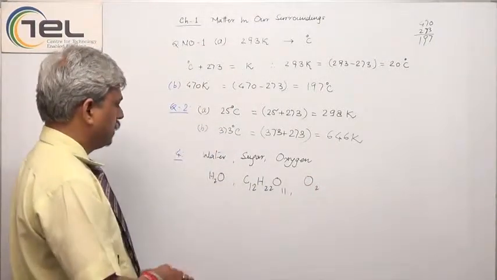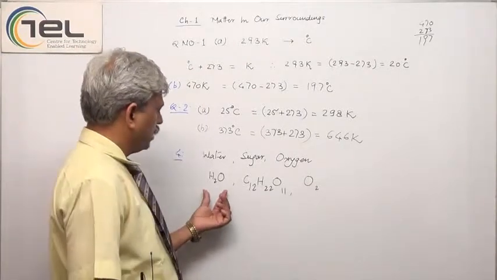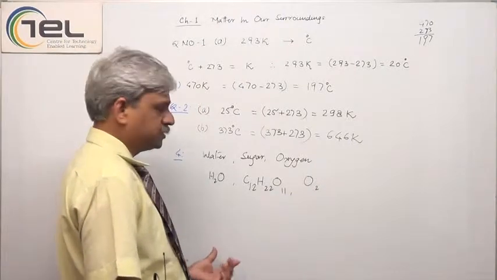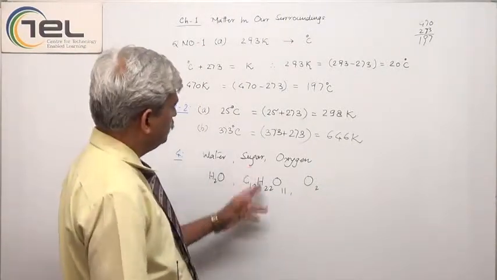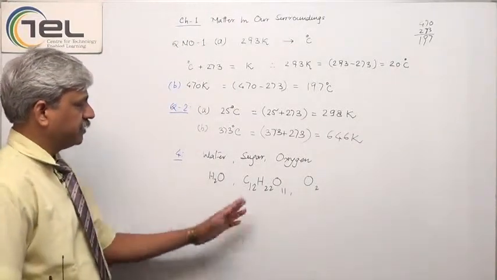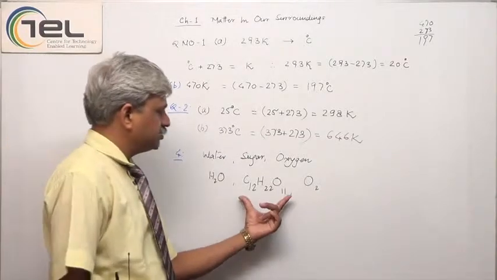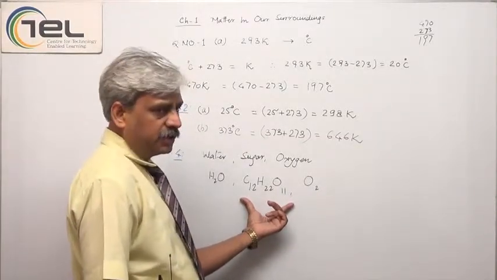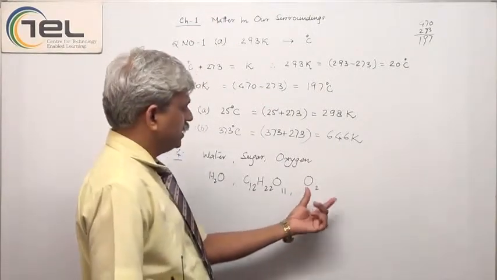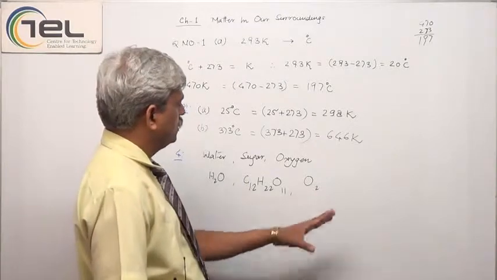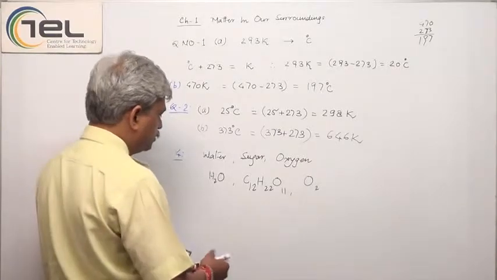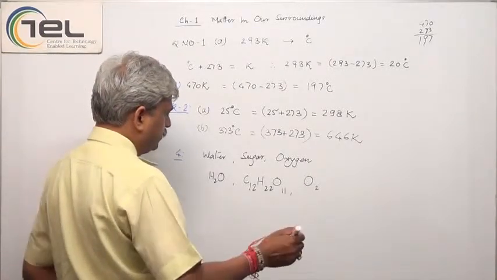In case of water, hydrogen bonding is there and therefore the intermolecular forces should be larger. In case of sugar also, the intermolecular force of attraction will be H bonding, as well as its molar mass is also greater. So here the van der Waals forces also will be greater. In case of O2, there is no H bonding, no dipole-dipole interaction. So in case of sugar, the intermolecular force of attraction will be largest.